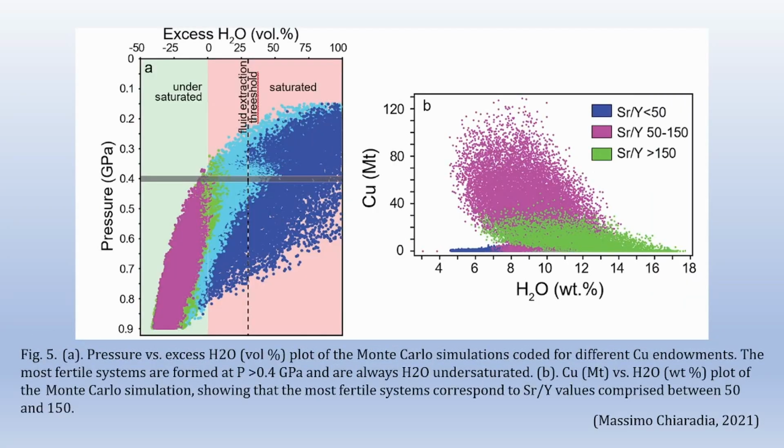In this figure we have a comparison between the pressure, copper content, and the water content of the magma, and here we have color-coded different ratios of Sr/Y. When it comes to water, there's a general consensus that more water must be better, right? But not exactly. These plots show that the most fertile magmas are not the wettest.